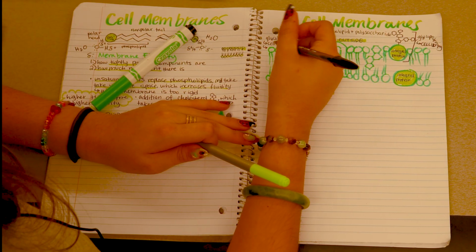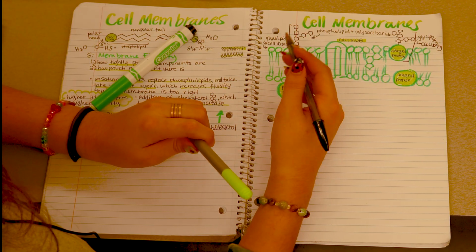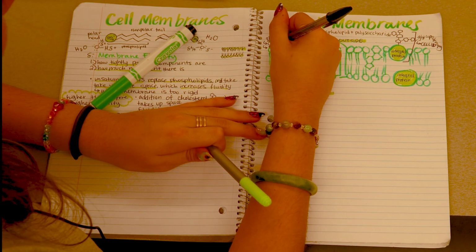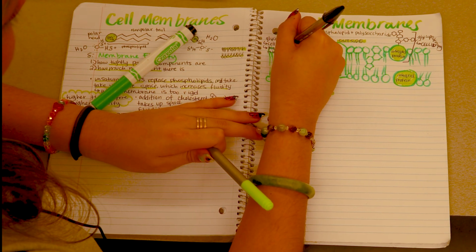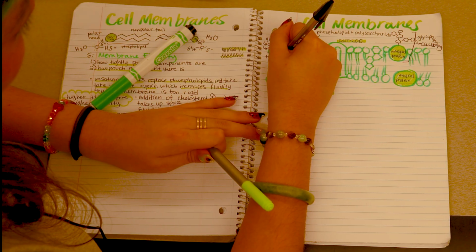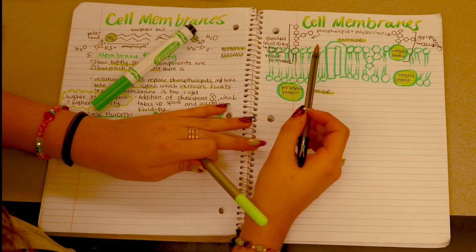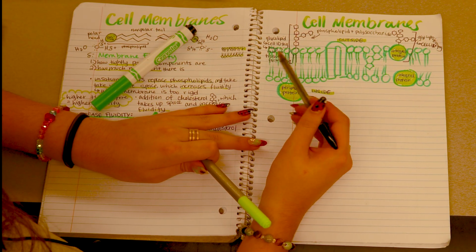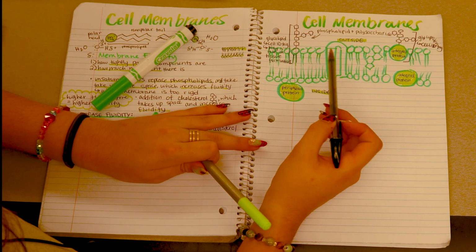But glycoproteins play an extra role, particularly in tissue formation. So I'm just going to say, play a role in tissue formation. Hopefully you can read that. Basically, when you're making a tissue, you're going to have a bunch of cells of a certain type, and so you can read this tag and be like, oh, hey guys, I'm just like you.